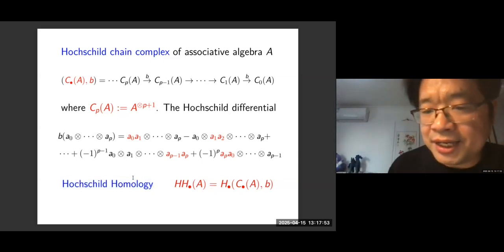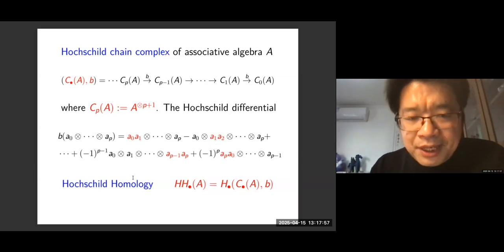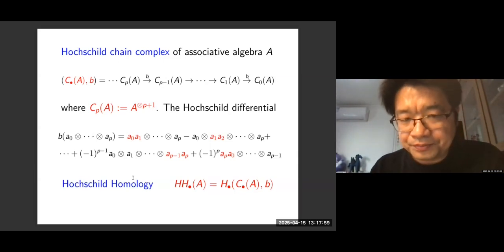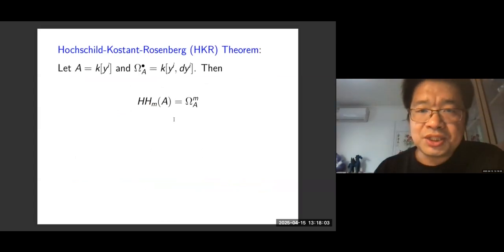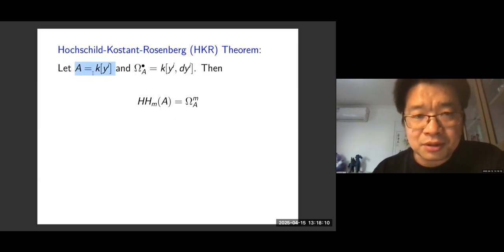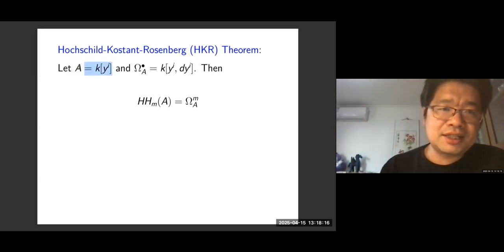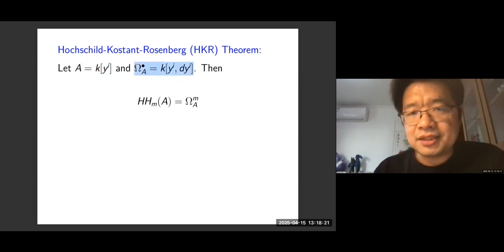Okay, so it works for any associative algebra. Now, what's the meaning of this Hochschild homology? There's a famous theorem by Hochschild, Kostant, and Rosenberg, which says the following. Let's go back to the standard commutative world. Let A be a polynomial ring, from our standard flat commutative space, and let Omega A be the differential forms on the space.